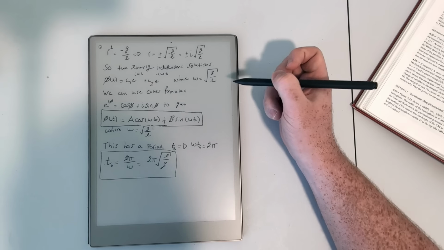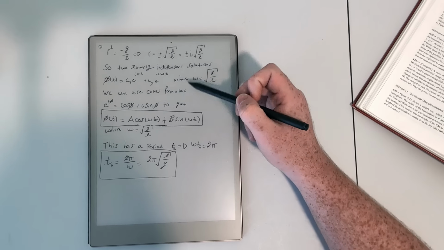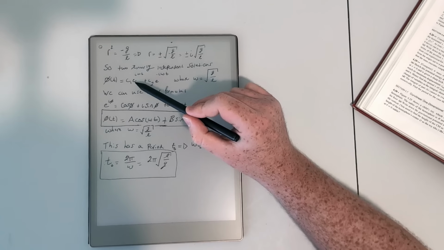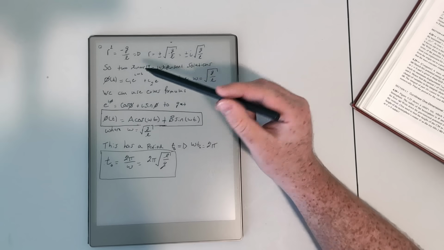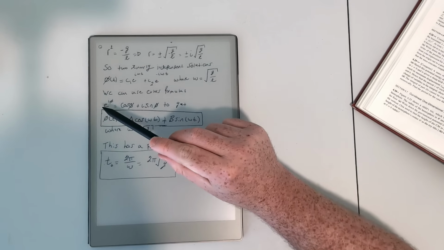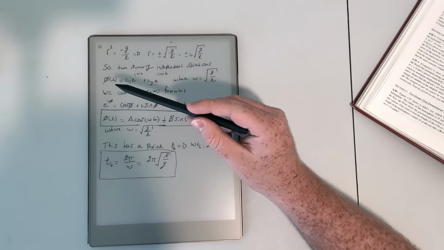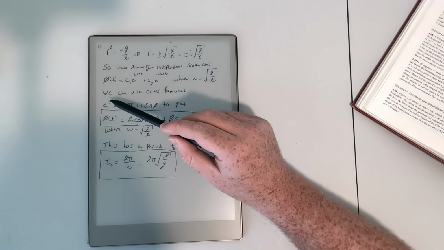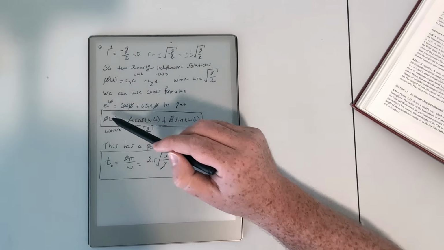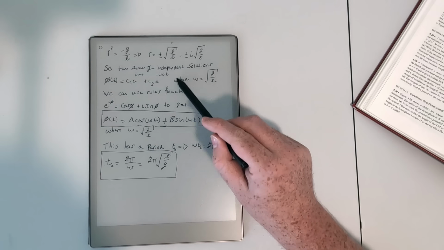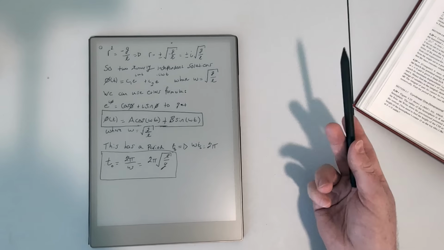And then I'm not going to do all the math here, but you can use Euler's formula to express e to the i omega t and e to the minus i omega t in terms of cosine and sine, because we know e to the i phi is equal to cosine of phi plus i sine of phi. So using Euler's formula, you can rearrange this solution in terms of cosines and sines.